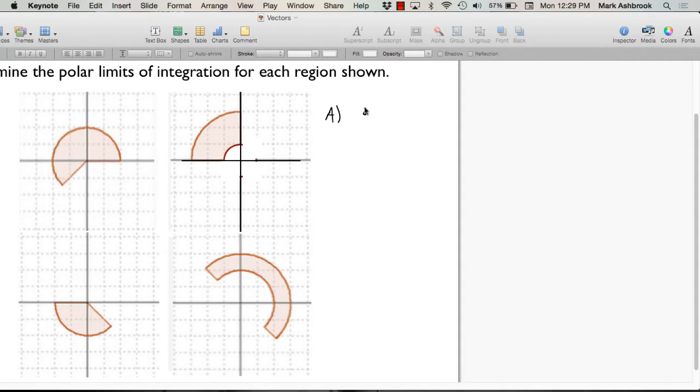Did you get the first one? So what is r? What does r go from and to? It's our starting r and our final r. That's what the inside limits would be.